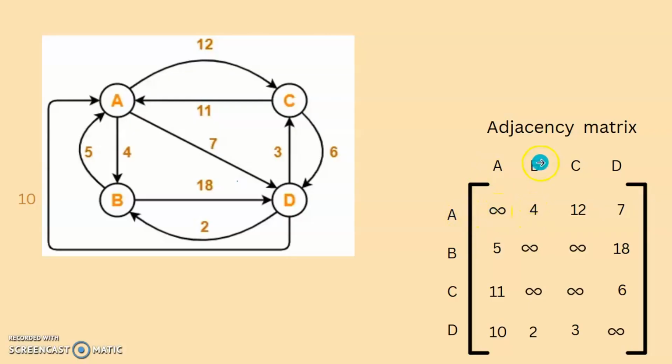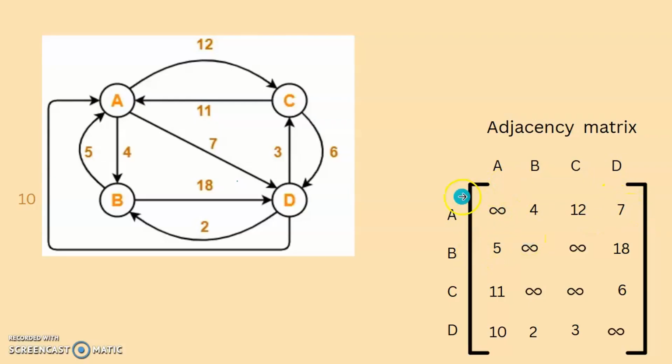For A to B, there is a direct edge with the weight of 4, so you represent it as 4 here. Like that, for A to C there is a direct edge with the weight of 12. You represent it here. Like that, for A to D also there is a direct edge. You represent it as 7.